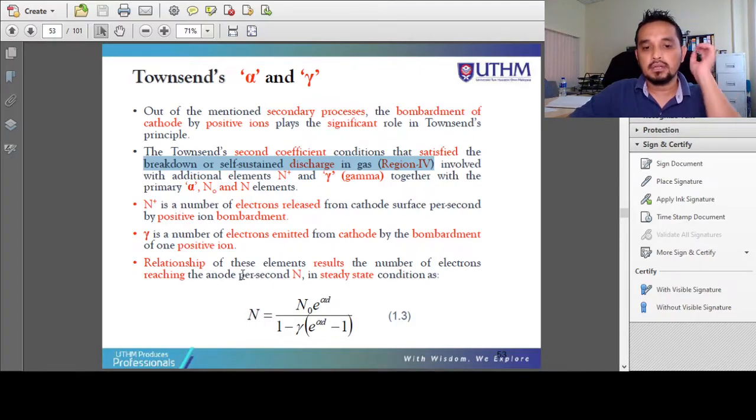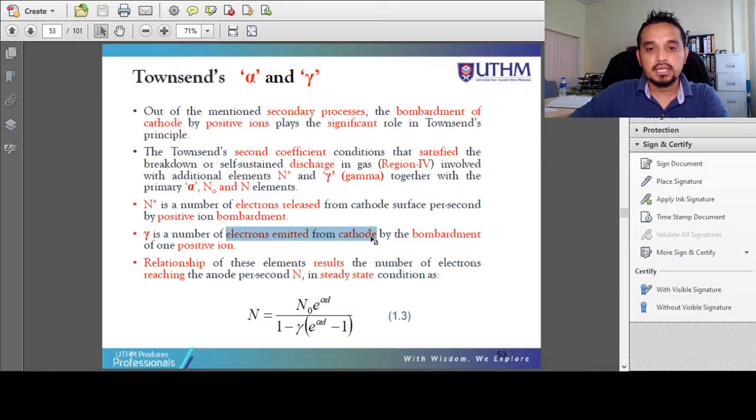If you look in detail in this section, gamma refers to the electrons emitted from the cathode, the number of electrons emitted from the cathode bombarded by the positive ions, and n plus is the electrons released from the cathode per second. There is a difference between the gamma coefficient, which is just a number, and n plus, which refers to the electrons released per second.